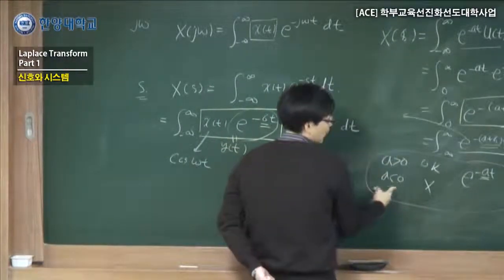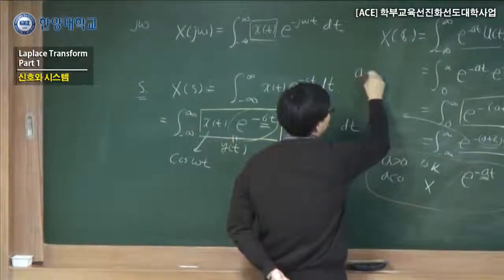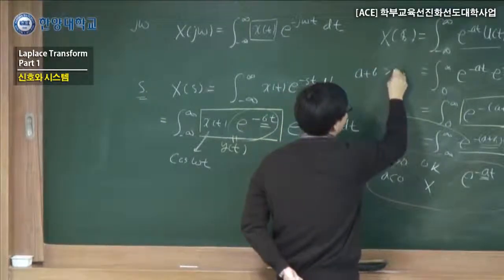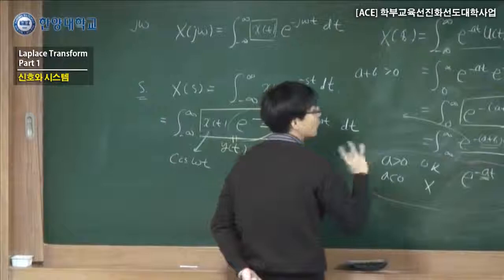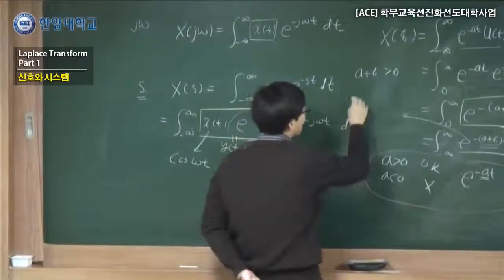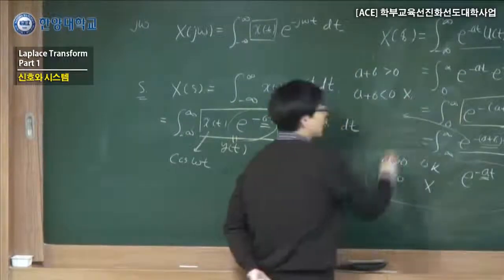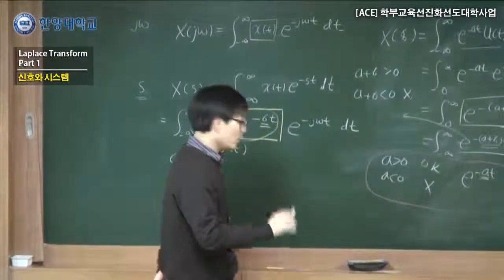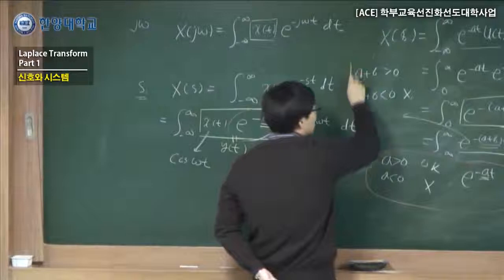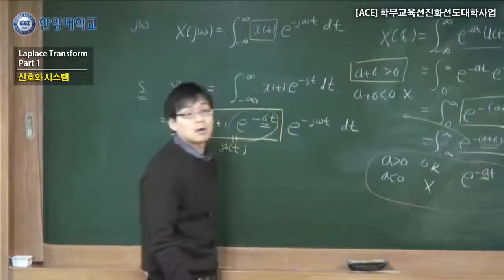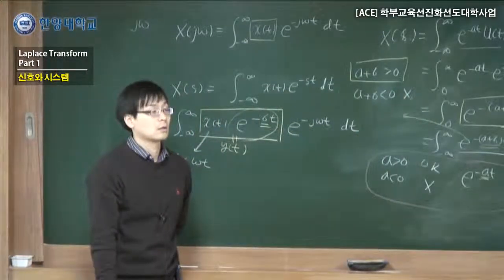Now, what you can see from this analysis here is if a plus delta is larger than 0, positive, then it's okay. If a plus delta is smaller than 0, negative, then it's not okay. So now we define that this is our region of convergence.